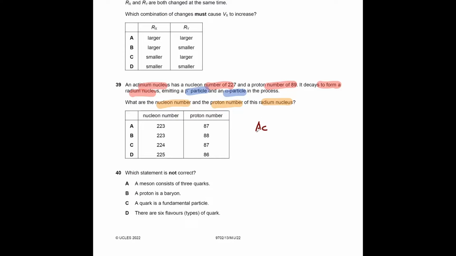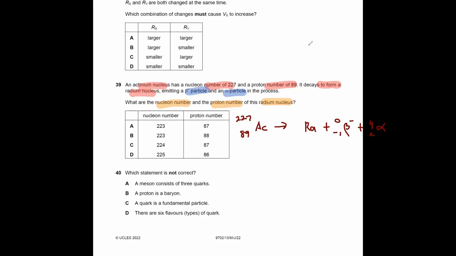You have actinium with proton number 89, nuclear number 227. It decays to give you radium by emitting a beta minus particle, -10 here, and an alpha particle, 42 here.